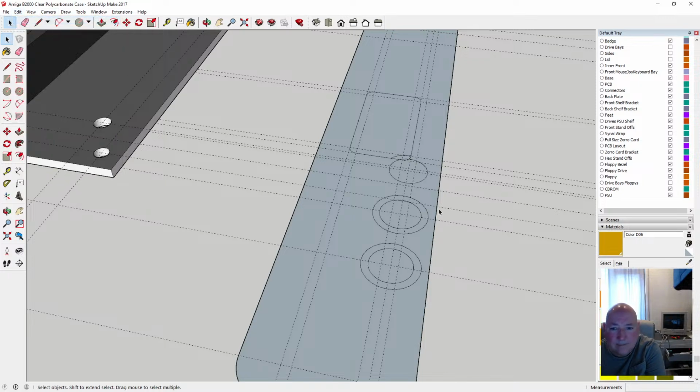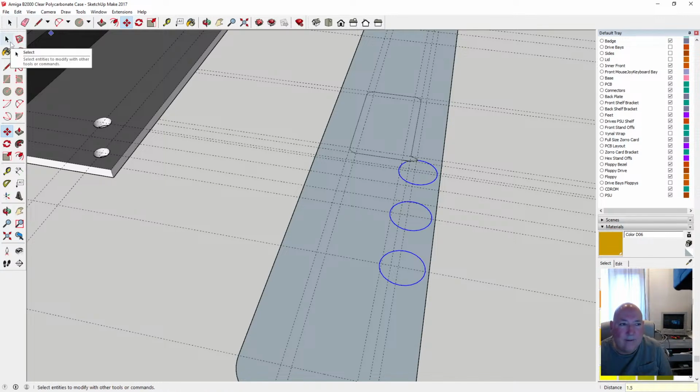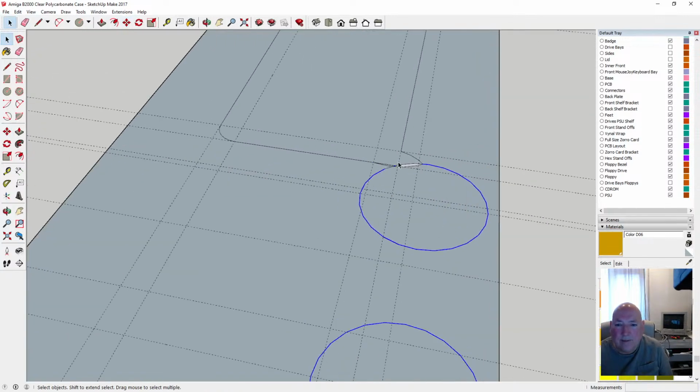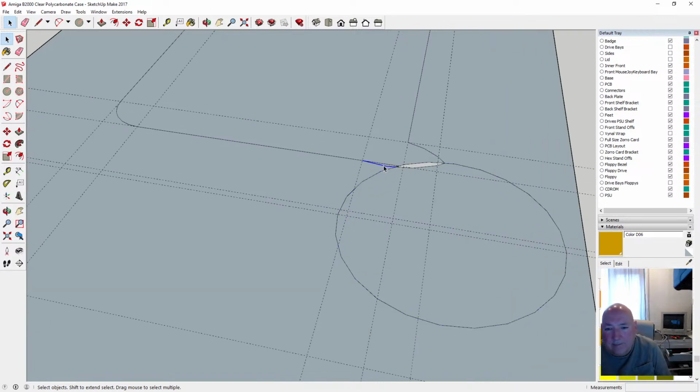Not that one. Right, we're going to get rid of them. And then we're going to move these 3 over by 1.5 mil. We've got a problem now. We've messed this up, so let's just tidy this up a minute.